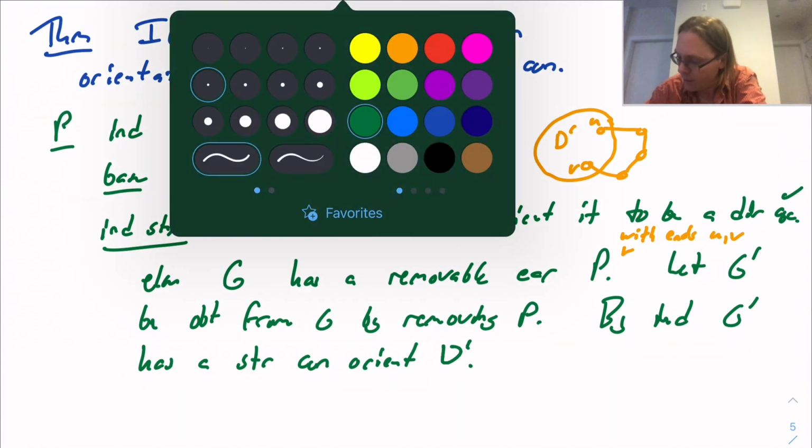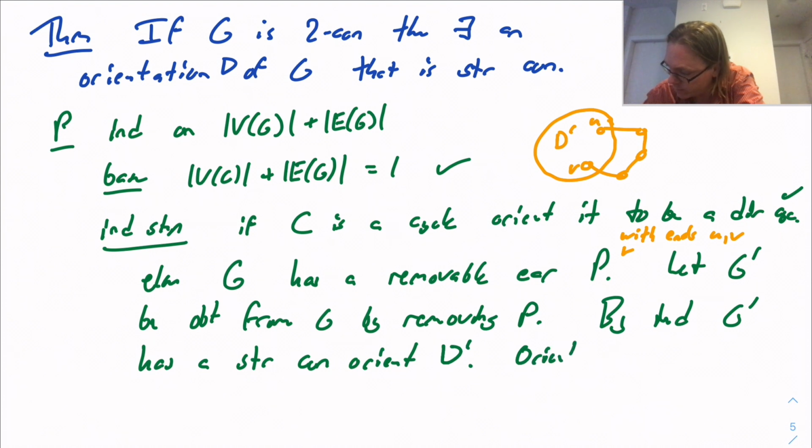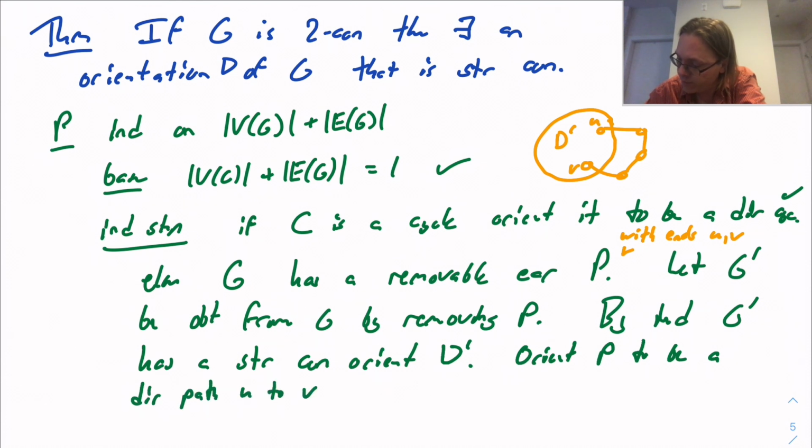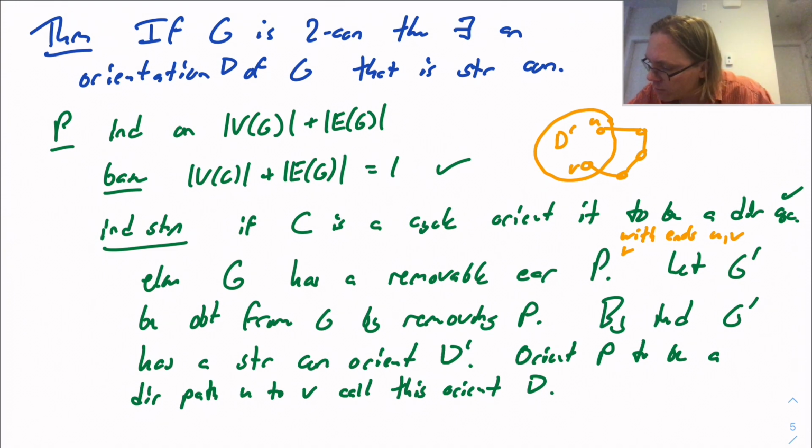So now we're going to orient P to be a directed path from U to V, thus forming an orientation of the original graph G. Call this orientation D. Okay, so let me add this to my picture.